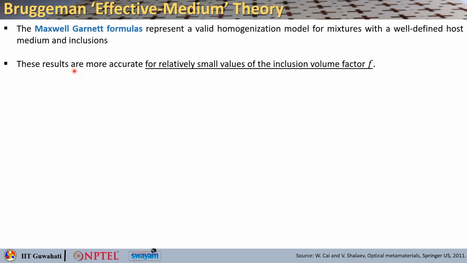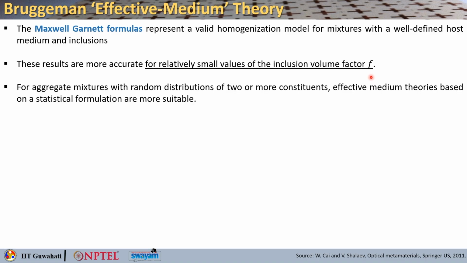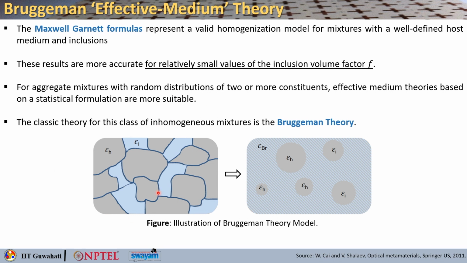Now, Maxwell-Garnett results are very accurate for relatively small values of the inclusion volume fraction f. Now, for aggregate mixtures with random distributions of 2 or more constituents, you will see that the effective medium theory which is based on statistical formulation becomes more suitable, something like this.